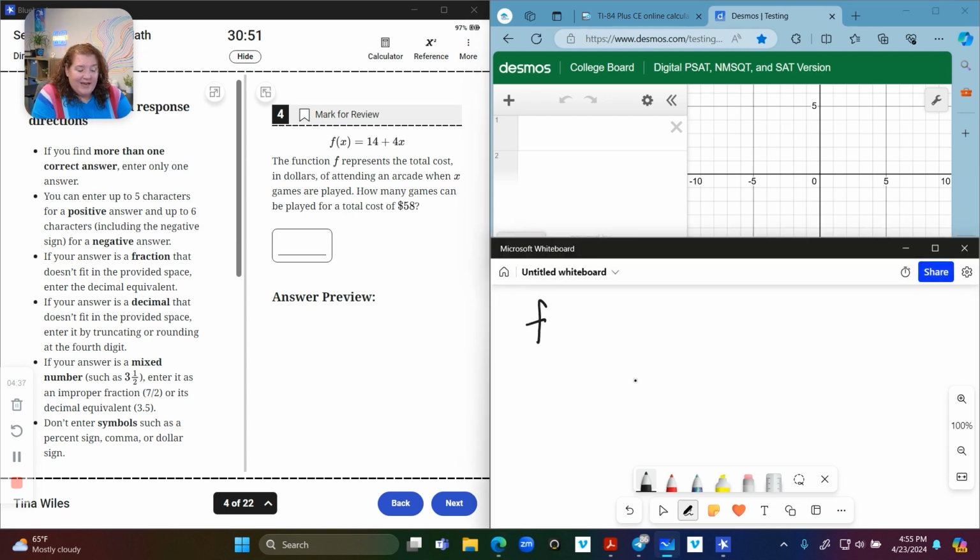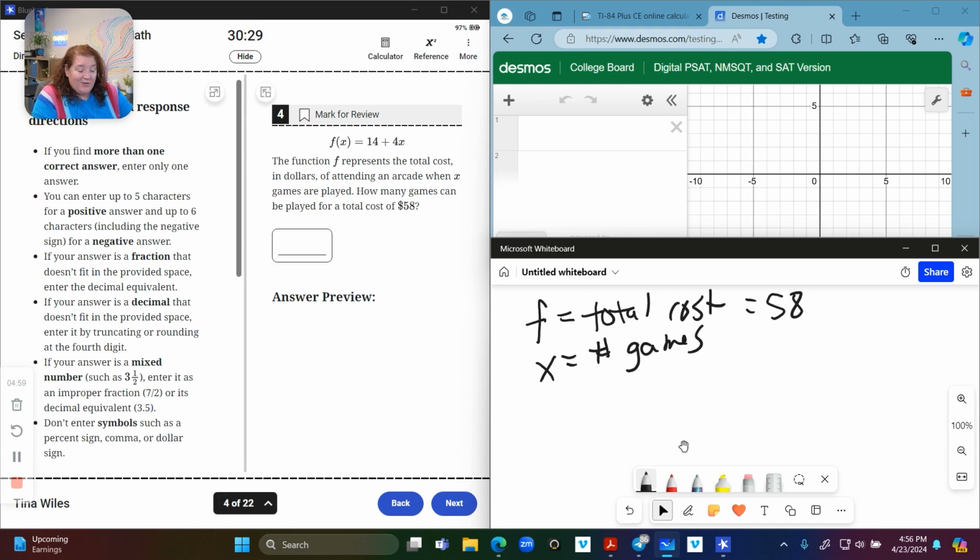So f is the total cost, x equals the number of games played. We're trying to find how many games can be played for a total cost of 58. So they said the total cost is 58.